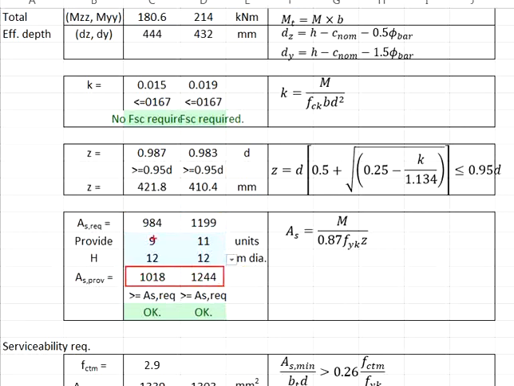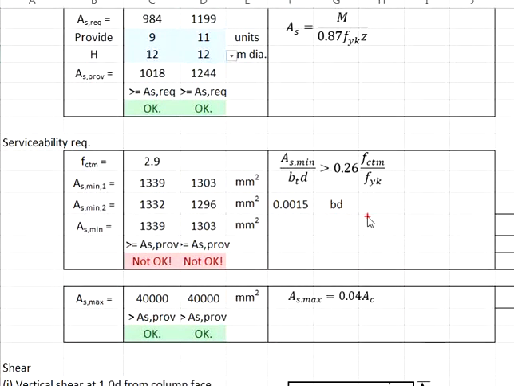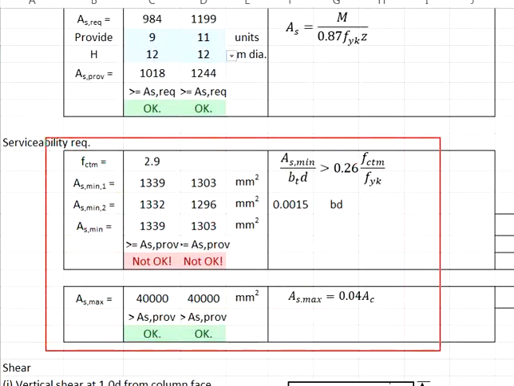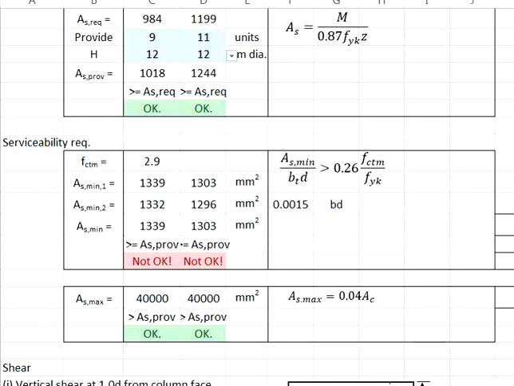Because the AS provided is greater than the AS required, as far as the moment is concerned, the provided amount of reinforcement bar is sufficient. This, of course, you will need to check against the minimum bar area and the maximum bar area.